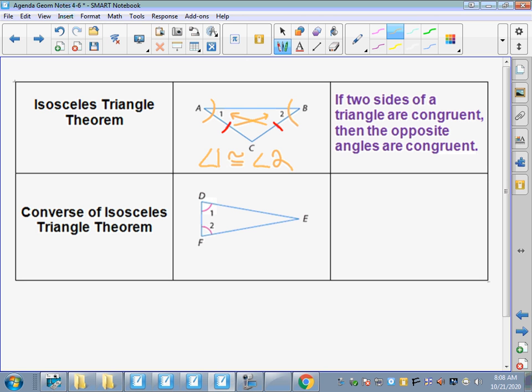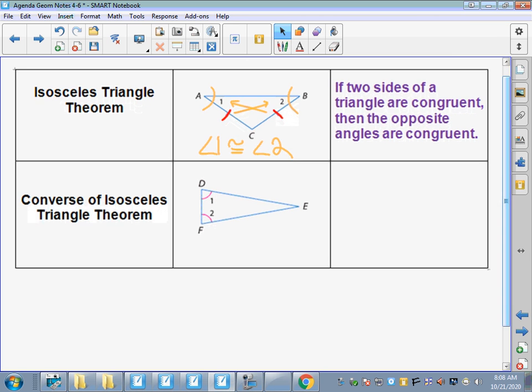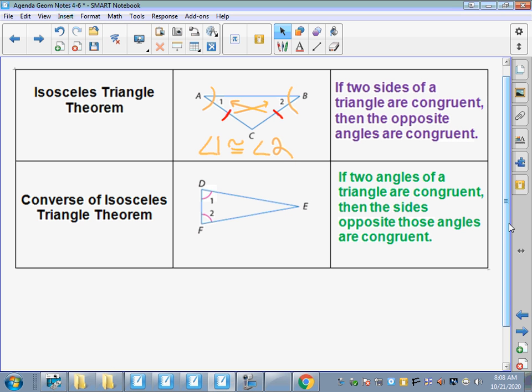The converse goes the opposite way. If the angles are congruent, then the opposite sides are congruent. So I notice in that bottom diagram that angles 1 and 2 are congruent, marked with the congruent arcs.